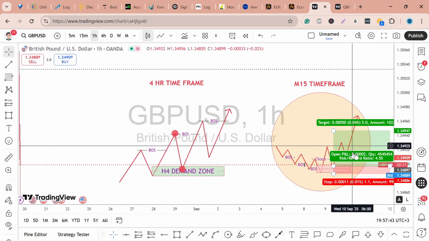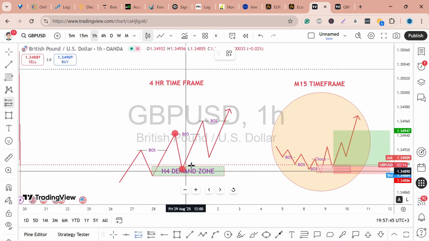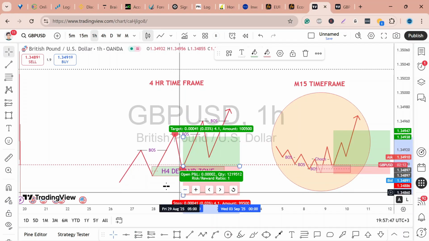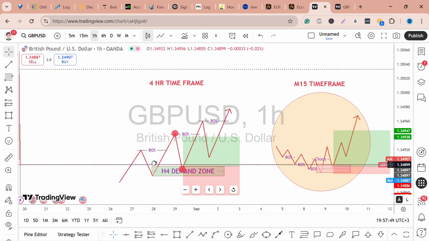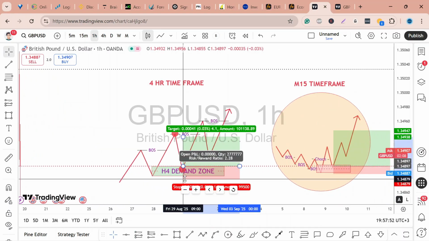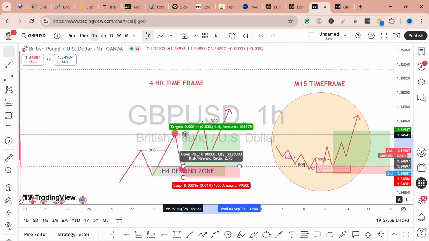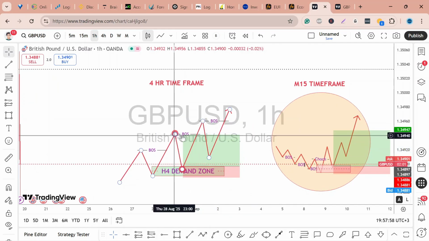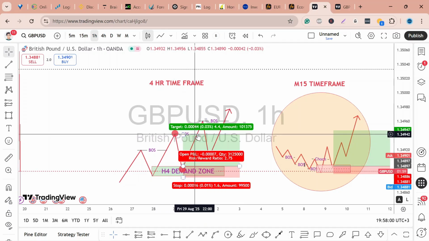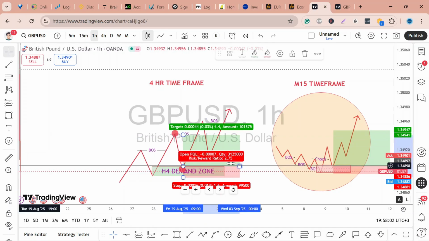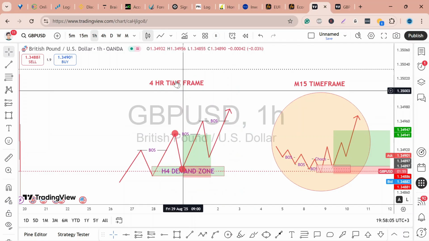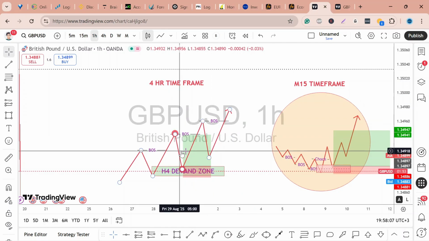So on this point, your setup on the higher time frame will look like this. You want to take your profit before the BOS, because that is the highest point of the 4-hour time frame setup that is happening.